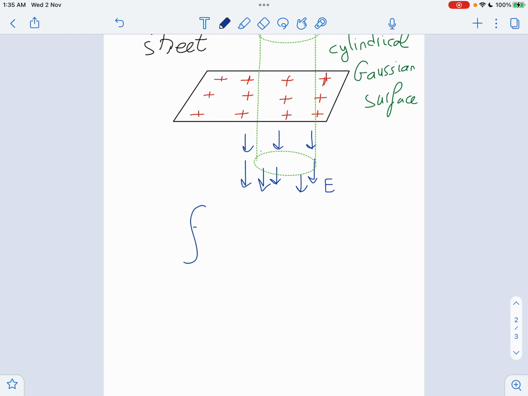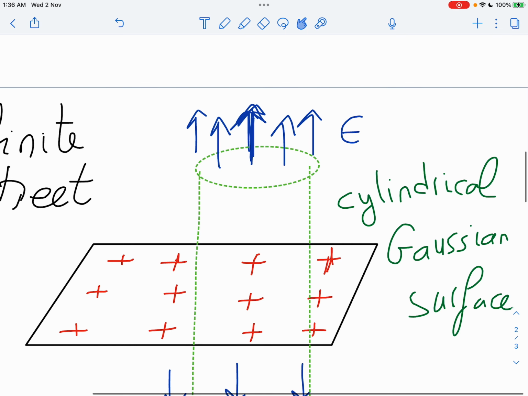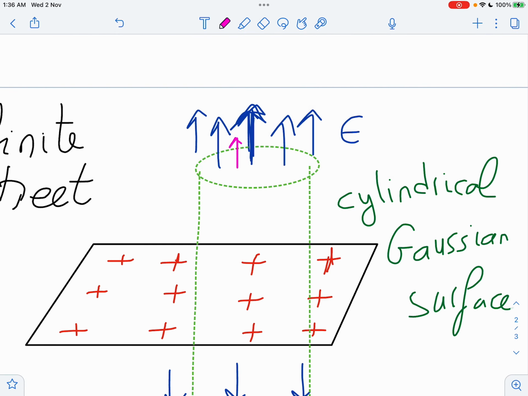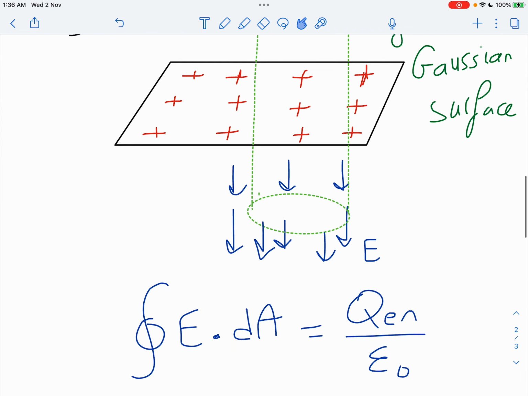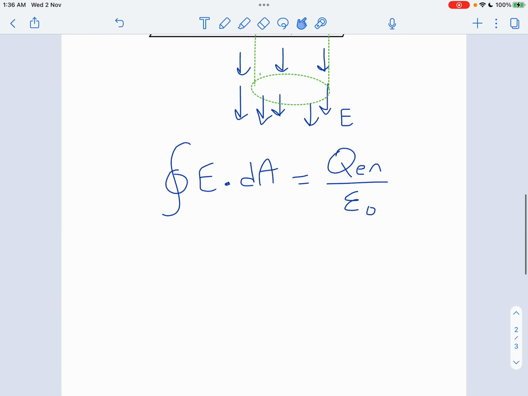So the closed integral of E dot dA is Q enclosed over epsilon 0. Now again, you can see that the electric field and the normal to the surface all have the same direction. So cosine 0 is 1. And E is uniform again along that surface, so I take E outside.